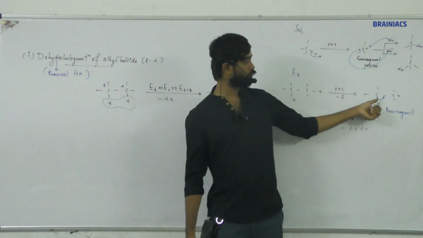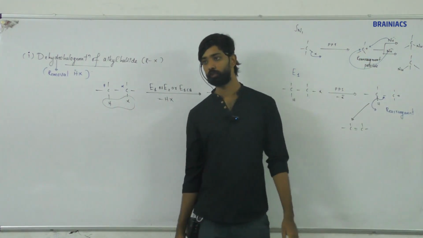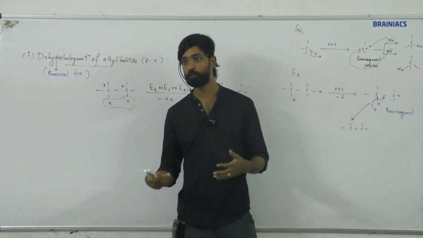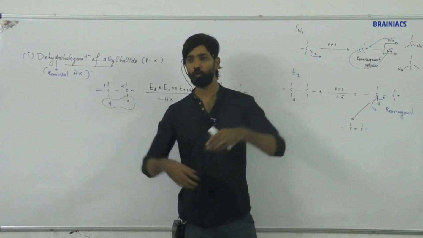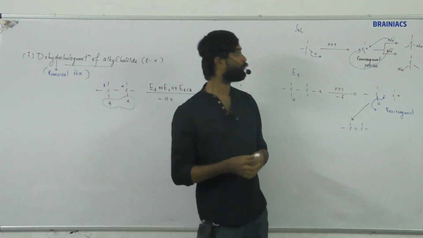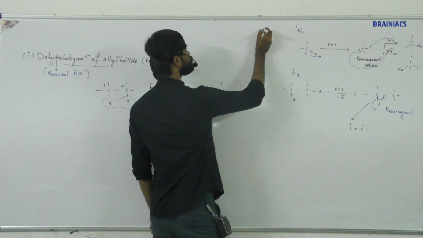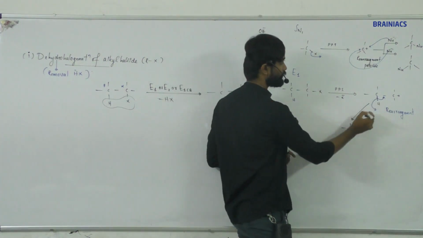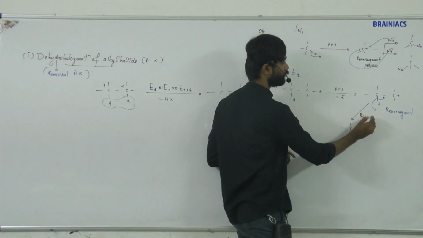Usually as temperature increases, there is a chance for elimination. There is always a competition between elimination and substitution, because elimination is always in presence of this H plus abstracted in presence of what? Base.